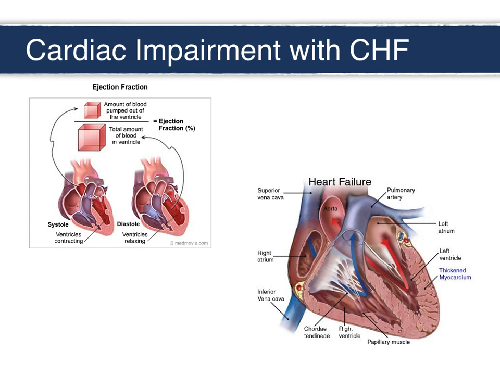When we look at this picture on the right and we look at heart failure, on the left ventricle, we have this really thickened myocardium. Okay, that's called ventricular hypertrophy. When that happens, that stroke volume is decreased. So we don't get that relaxation quite as much. So our stroke volume we're putting out is a lot less.